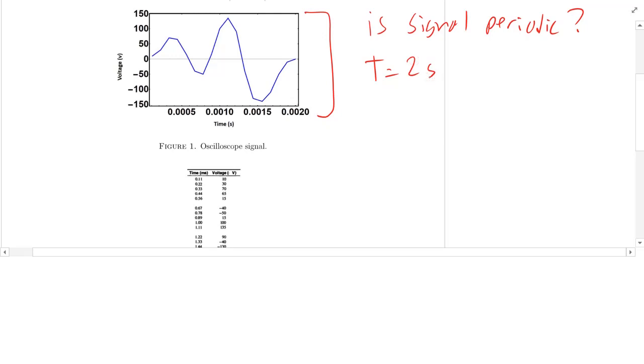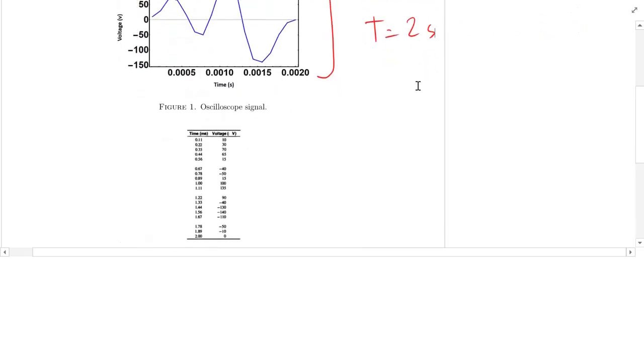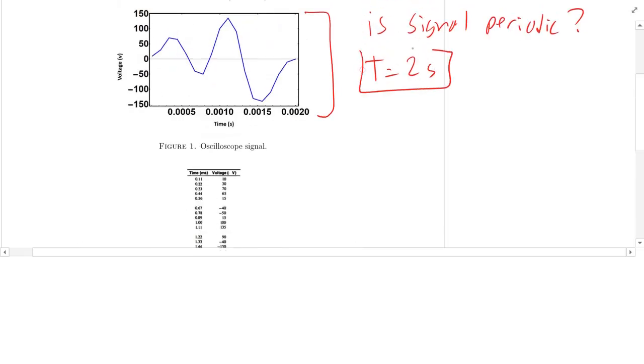If our period is 2 seconds, what is our sampling frequency? Well, actually, we'll deal with the sampling frequency in just a bit. Instead, we know that 2 seconds is our period, and our delta f is going to be 1 over your period, which is equal to 1 over your n number of points times your delta t.